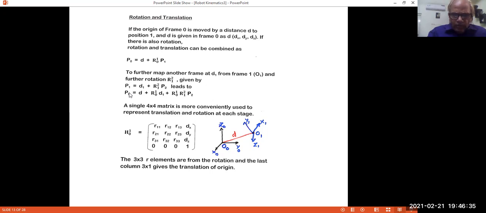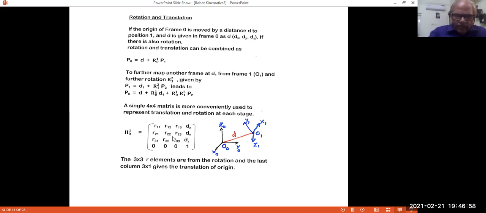Now to convert into frame 0, just substitute P1 in this equation. You will get D plus R10, rather R10 D1 plus R10 into R21 P2. If you move to another third frame, then you'll have one more. The equation will have 3 rotation matrices multiplied, etc.